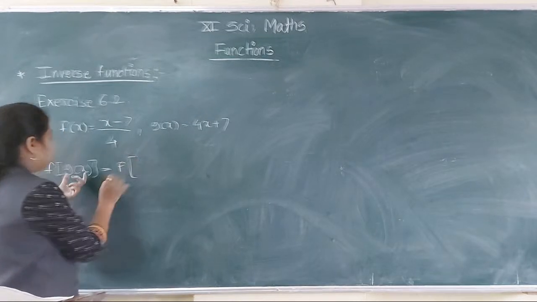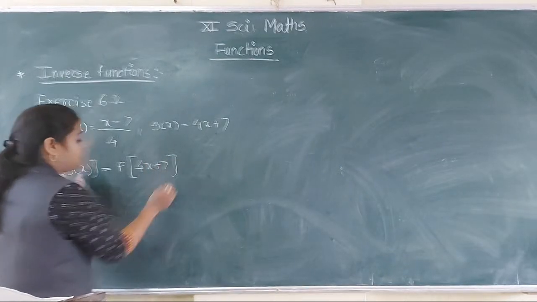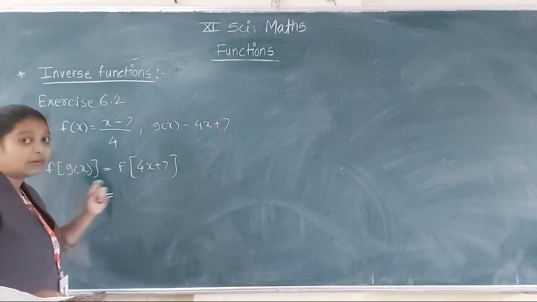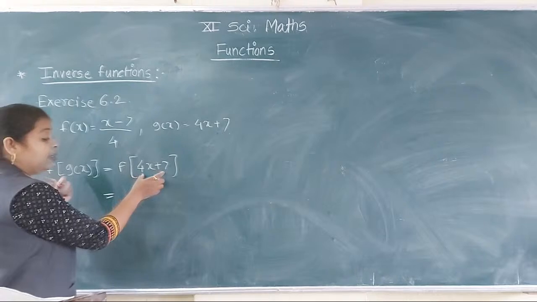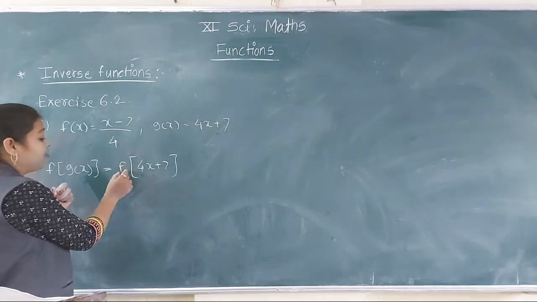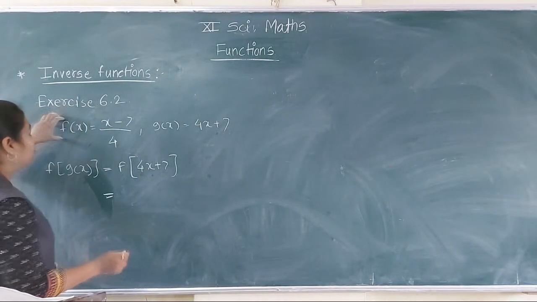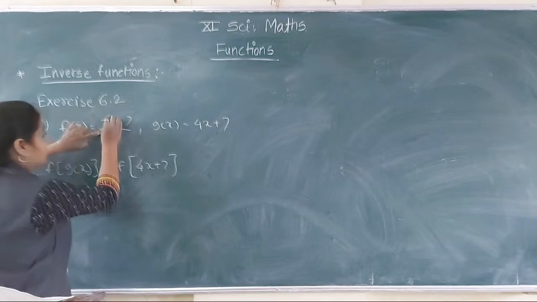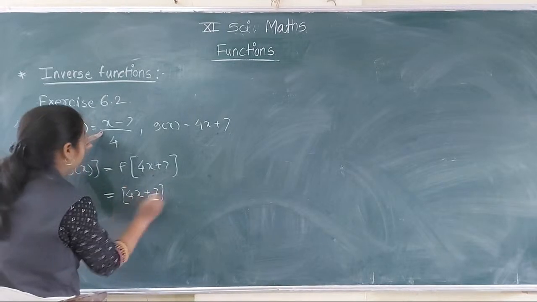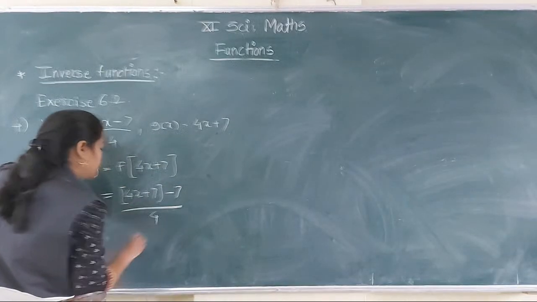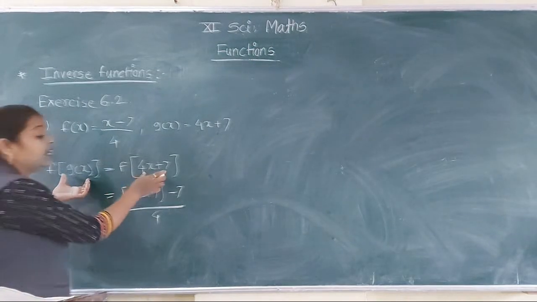There is a lot of confusion here about what to write and how to solve. f of g of x means f of g of x. So f as it is, and in place of g of x we write the function of g of x, that is 4x plus 7. Then f of this; if we have f of m or f of 0, what do we do? Wherever the variable x is, we put this value. So in f of x, wherever x is, we put 4x plus 7 minus 7 upon 4. Just keep in mind that there is confusion here. In f of g of x, instead of g of x we write the function.